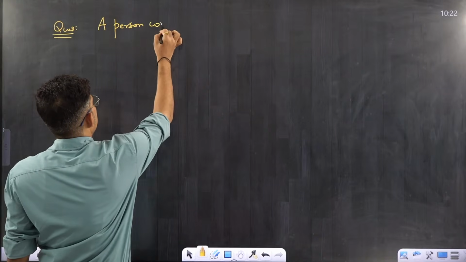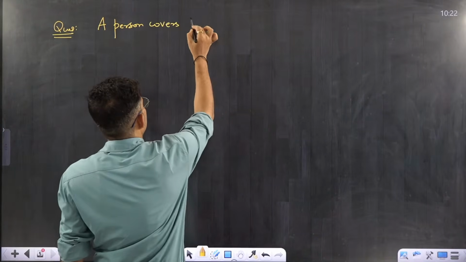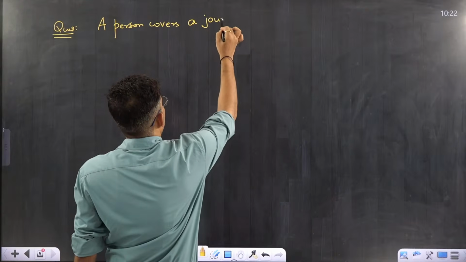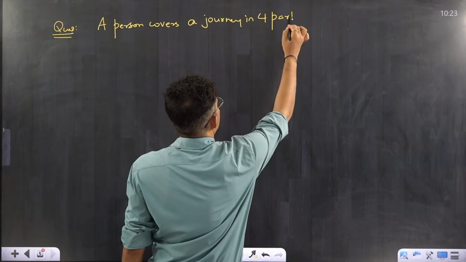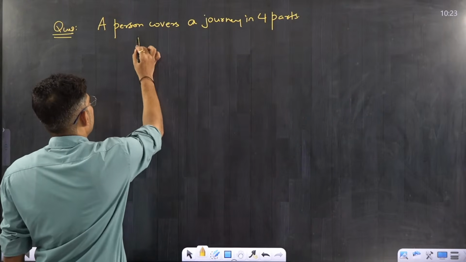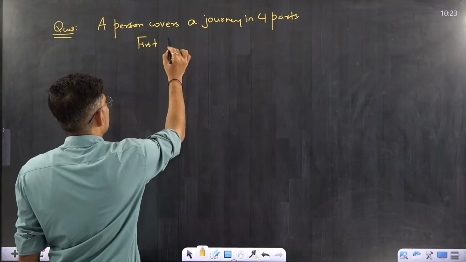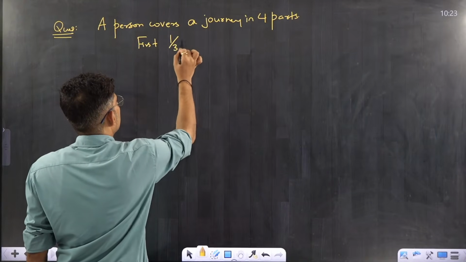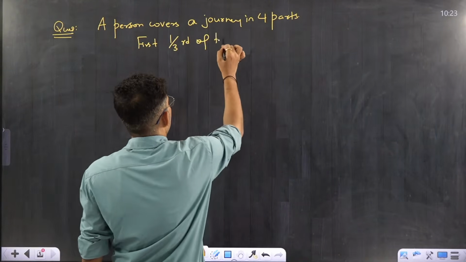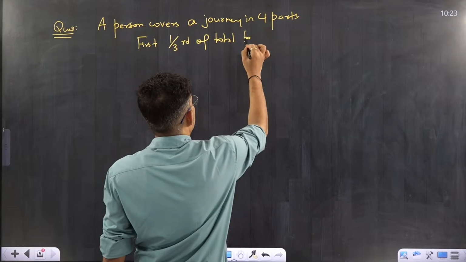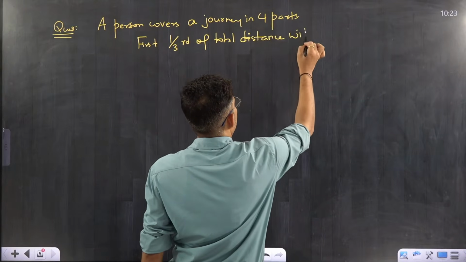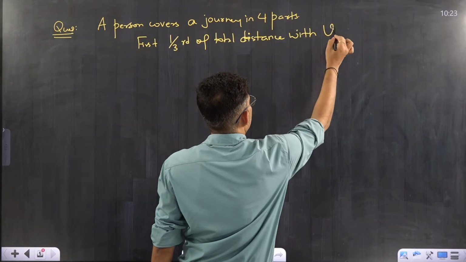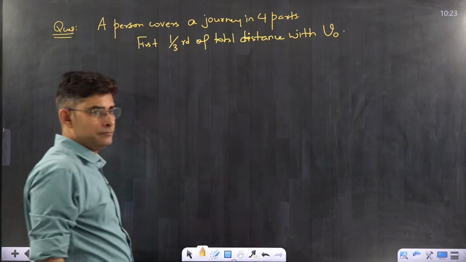A person covers a journey in again 4 parts. First, one third of total distance with a speed v naught.